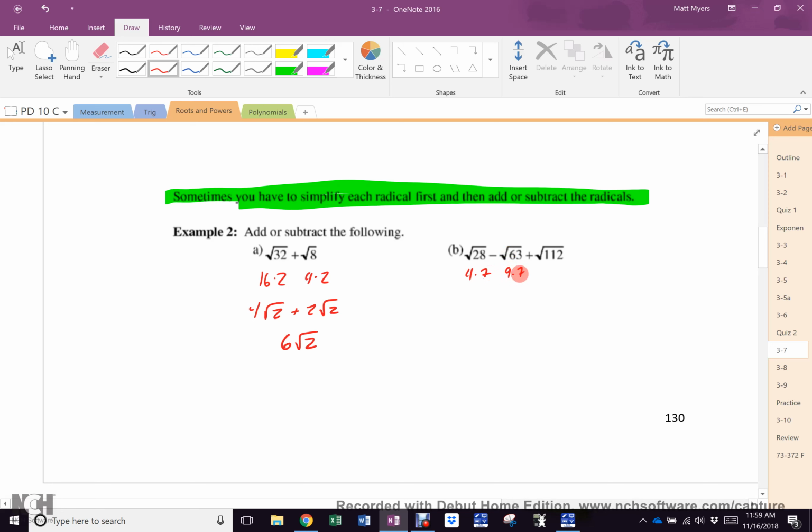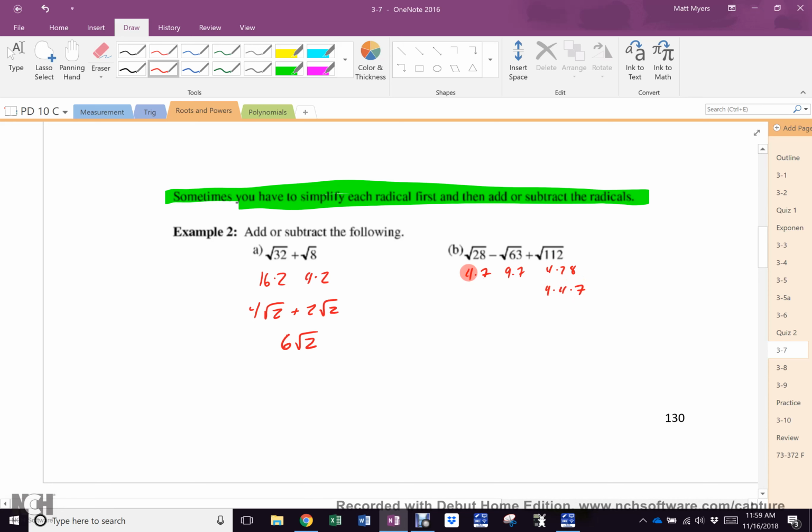Because 9's a perfect square. What about 112? That's 56 times 2, isn't it? Right? Or 4 times 28. Hey, I know 4. Wait a minute. Isn't 28 4 times 4 times 7?